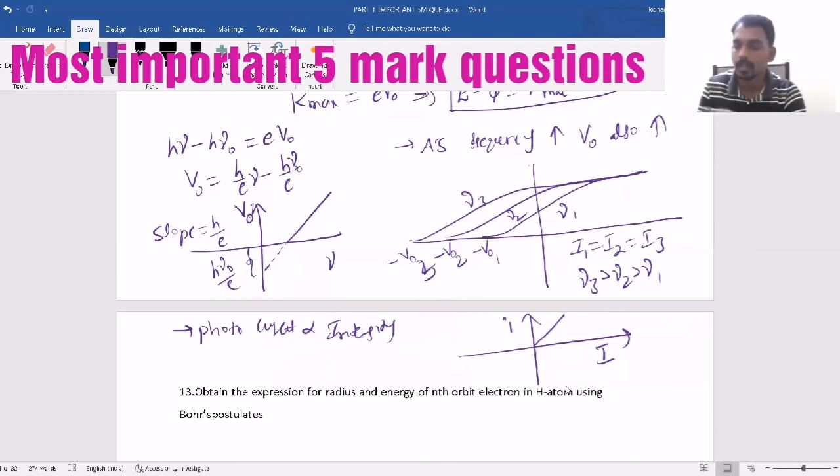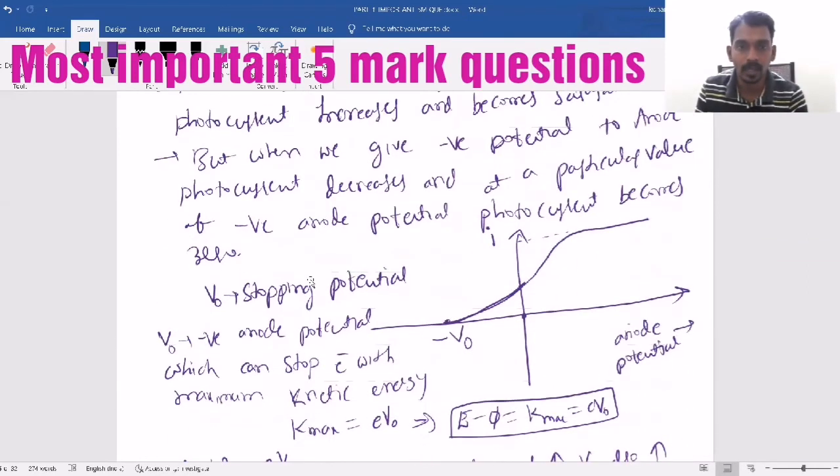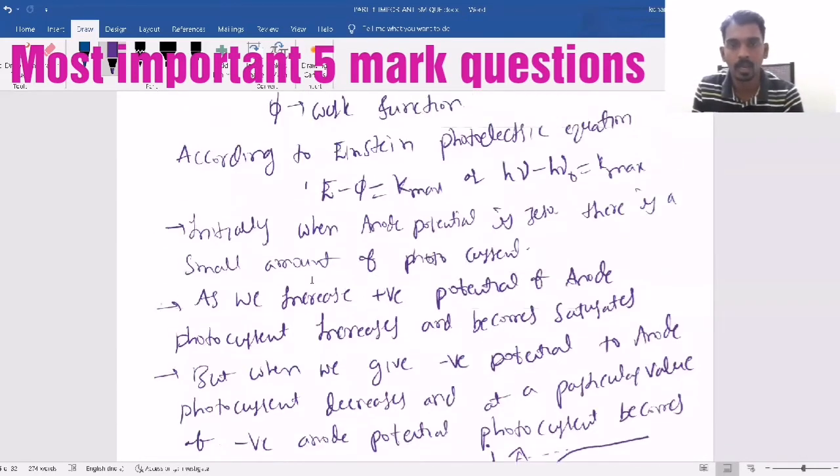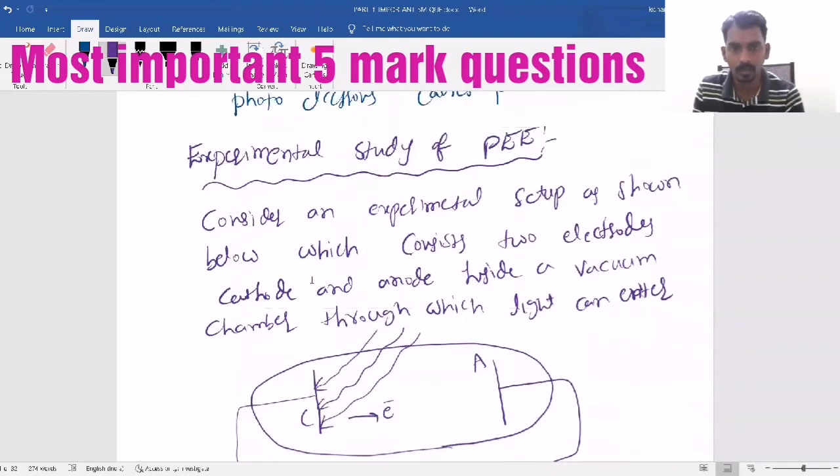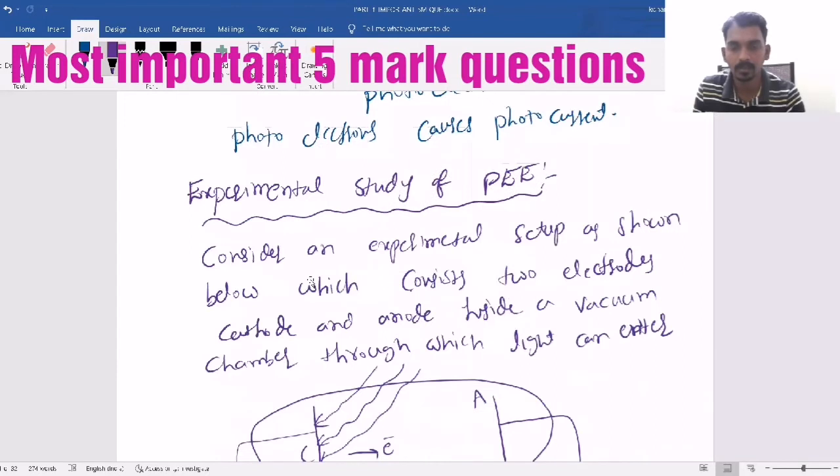These are all things they observed, and mainly the conclusion is how to increase or reduce the photocurrent, and for what value of anode potential the photocurrent will become completely zero. That is what they tried to do with this experimental study. So all these graphs are also important. Try to understand what graphs there are, what the meaning of stopping potential is, and how current will vary. Everything you need to understand properly.